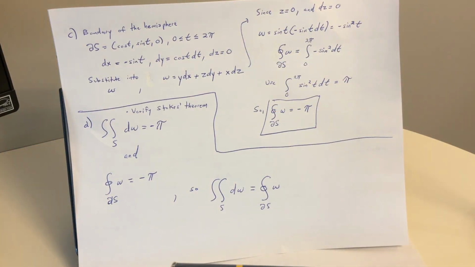So here we have the boundary of the hemisphere. That's going to be (cosine t, sine t, 0), from 0 to 2 pi. Take the partials: dx equals negative sine t dt, dy is cosine t dt, and dz equals 0.